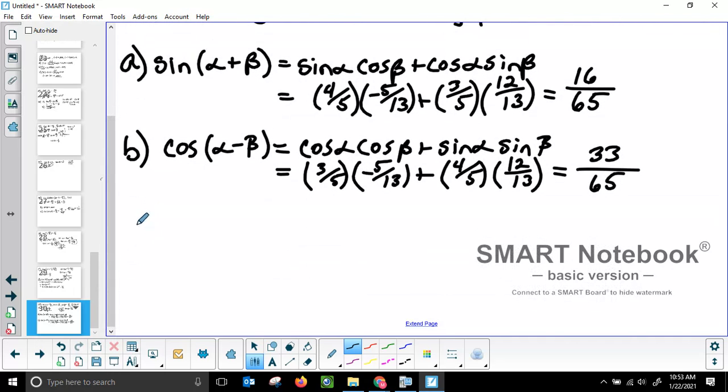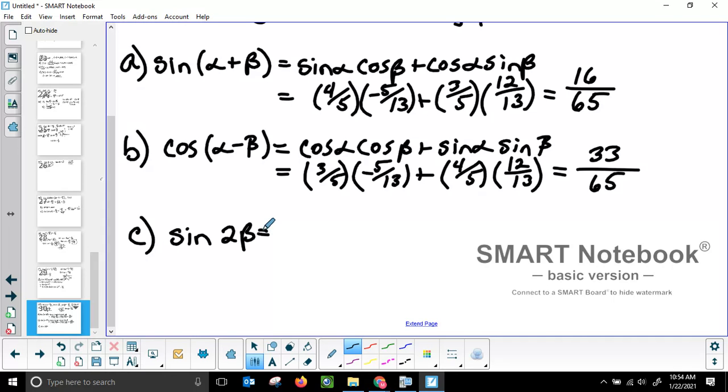All right, and finally, C says, what is the sine of 2 beta? That is our double angle formula, which is also on our formula sheet. Sine of 2 beta, on our formula sheet it's sine of 2u.